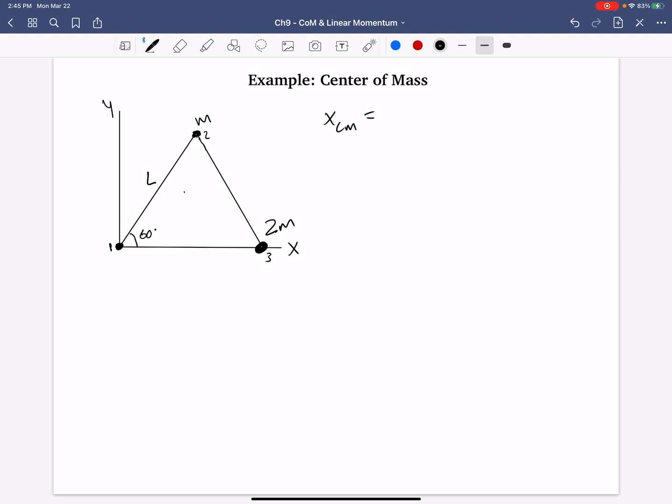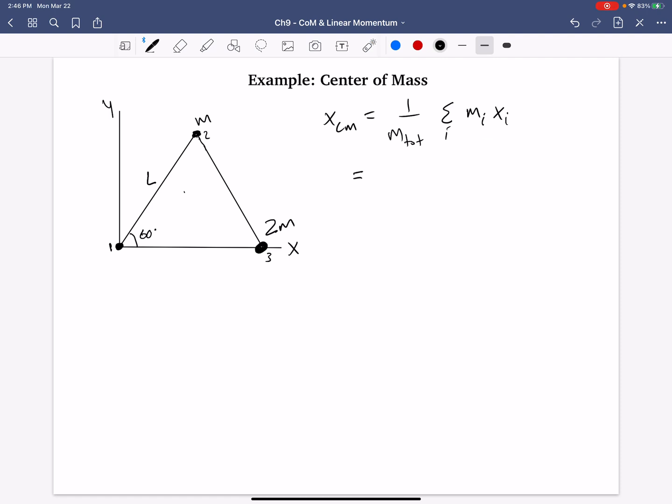The center of mass, the location or position, is equal to 1 over the total mass, m tot, times the sum of the mass, m sub i, times the position of that mass, x sub i. So we have three masses here, or three discrete particles, each with their own mass, and so we'll have three terms from this summation.